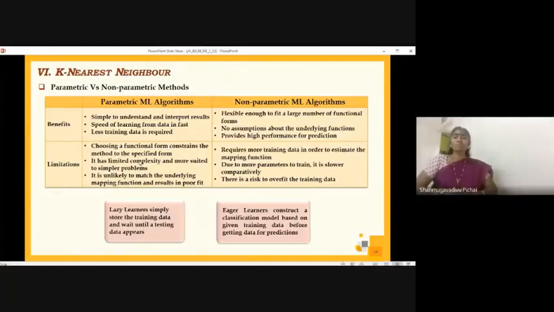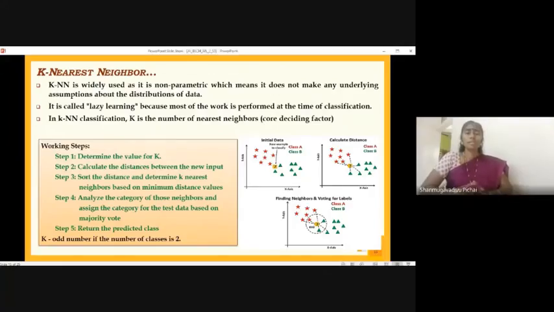Next slide. Now let us turn our attention towards the core principle of k nearest neighbor. The k nearest neighbor algorithm is classified as a non-parametric algorithm. KNN is widely used as it is non-parametric in nature, which means that it does not require any underlying assumption about the distribution of data. We must understand one thing very clearly.